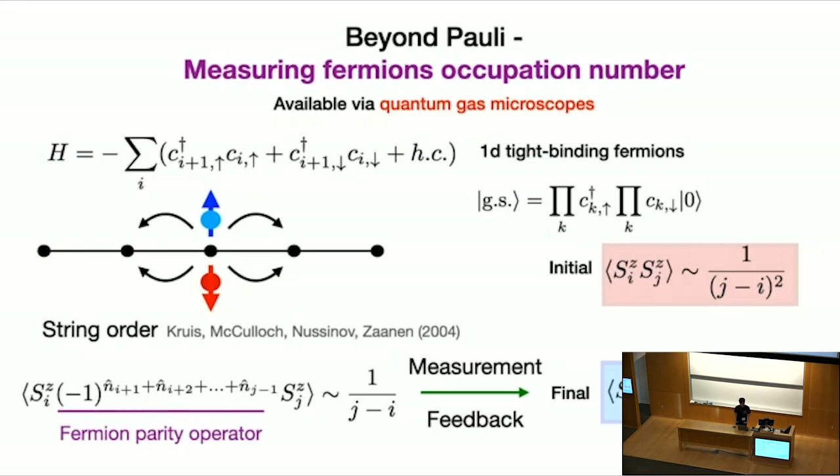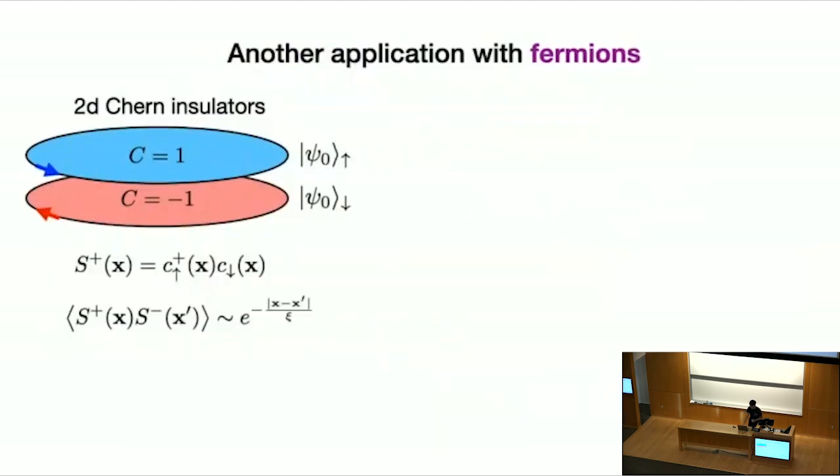That is pretty striking, because initially the two-point function is like 1/r squared, but now with the constant-depth measurement and feedback, you can convert 1/r squared to 1/r. So it turns out the finite-depth circuit can be very powerful to manipulate and enhance the critical properties of your fermionic systems. So that is an interesting application in 1D.